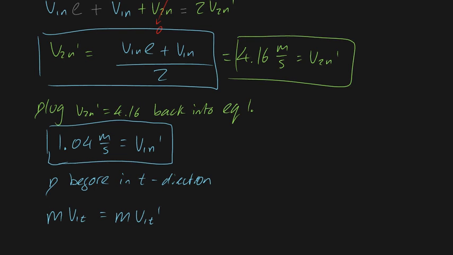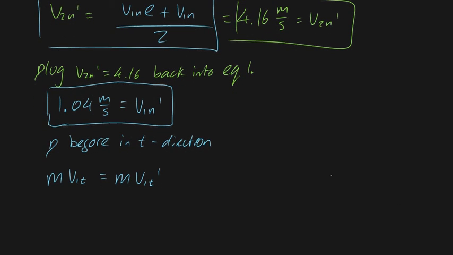That just means that the momentum is conserved for each individual ball in the tangential direction. Of course, these masses are the same, so we can cancel them off, meaning that v1t is just going to be equal to v1t dash. That's because no forces are acting on either ball in the tangential direction during collision.